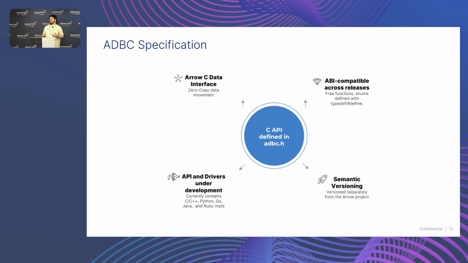And Arrow exposes a C data interface so that you can take that data that came back from the driver and, with zero copy, pass it off to the caller without having to pay any copying costs of the data, you're just passing the pointers around. The intent is for ADBC to be ABI compatible across releases. It uses free functions and enums and other mechanisms in the way it's defined to be as compatible as possible so that things aren't going to break on you.